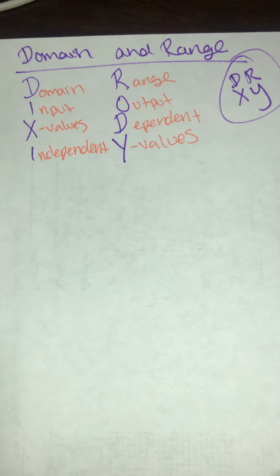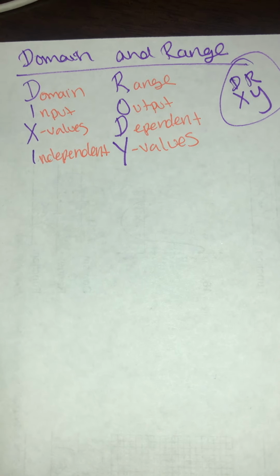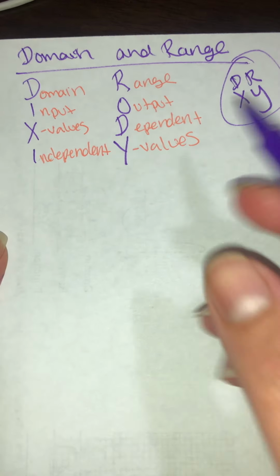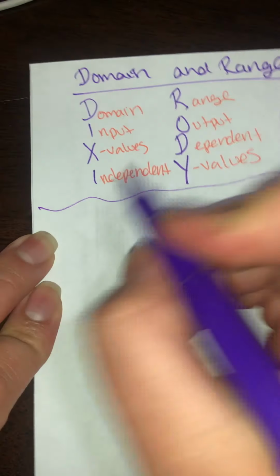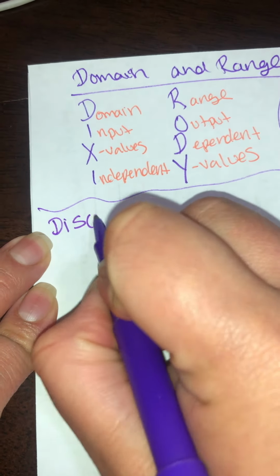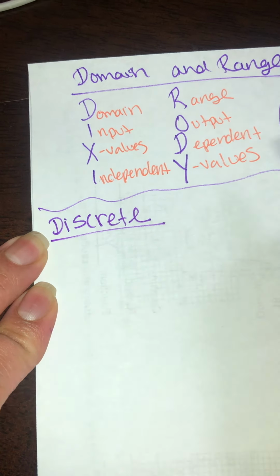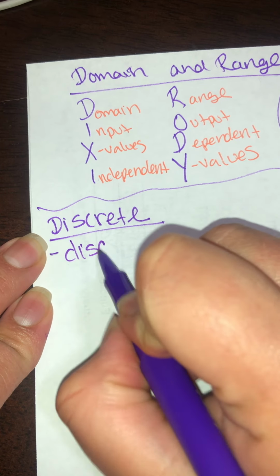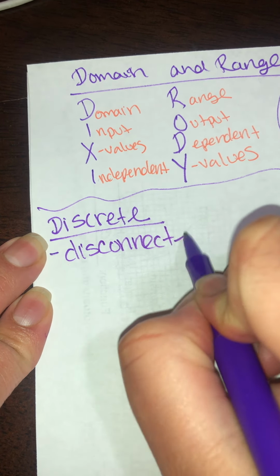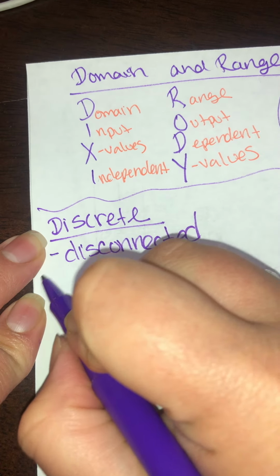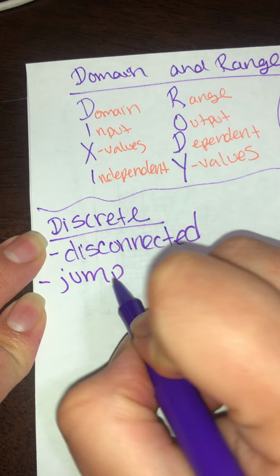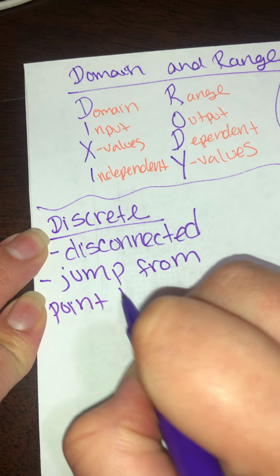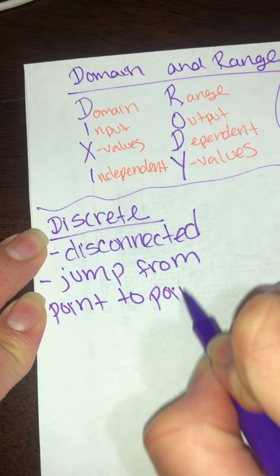Okay? Now, what else do we need to know about domain and range? Well, we need to know we have two different categories for which it can fall under. So our first category would be discrete graphs, or discrete data. Well, what is discrete? Disconnected. And what does that mean? It means that we jump from point to point.